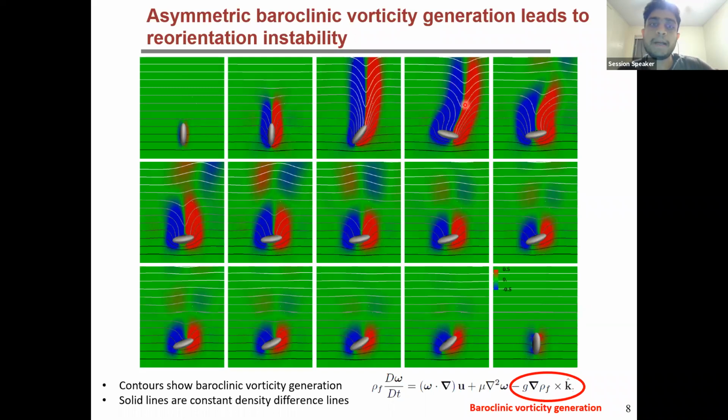And because of that, the particle starts to decelerate, which can be inferred by this reduction in the size of the vorticity contour.